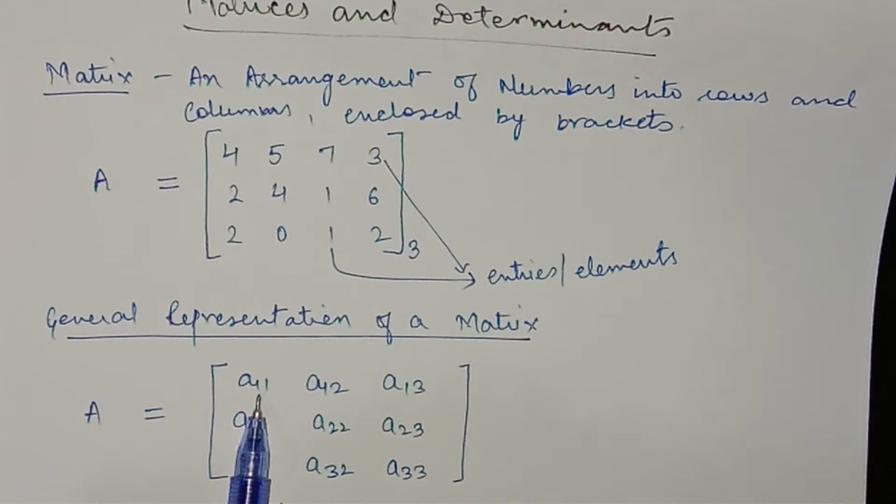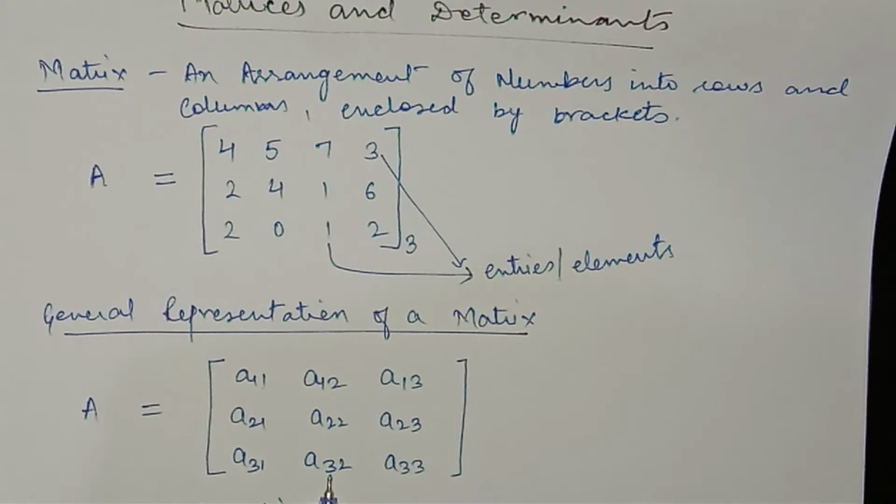So A11, it is telling us that this element is in the first row and in the first column. If we take another element which is A32, so A32 telling us that this is the element which is in the third row and in the second column. So the numbers in the subscript tells us about the position of that element in the matrix.